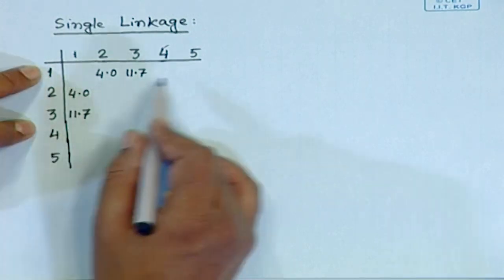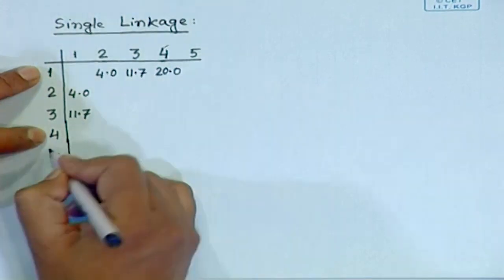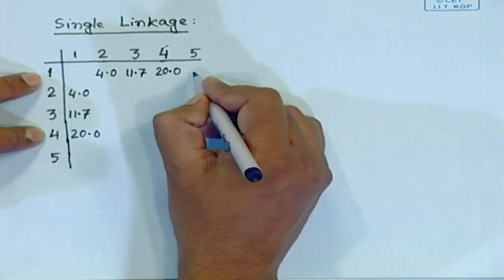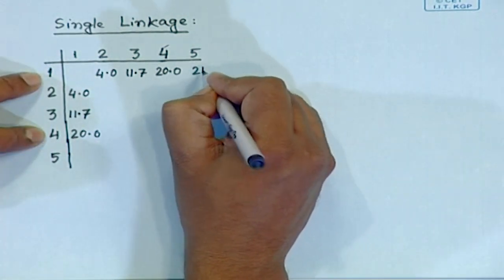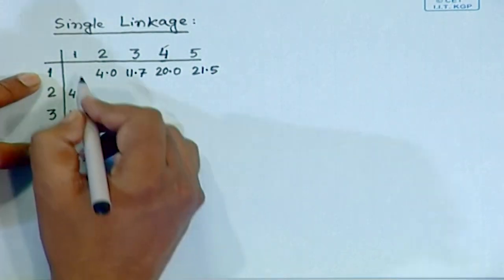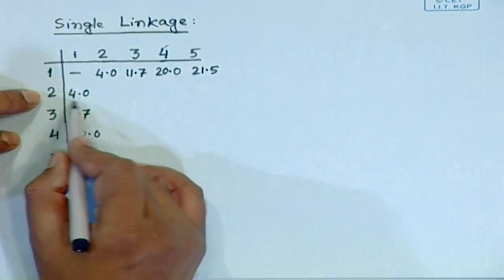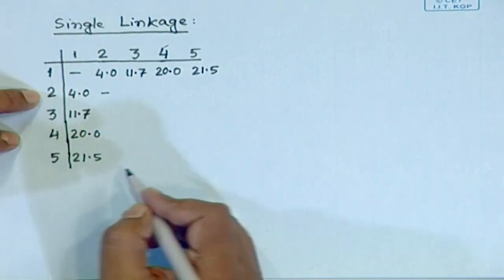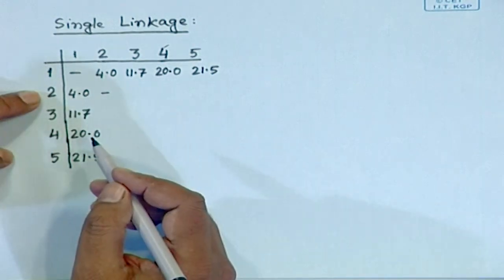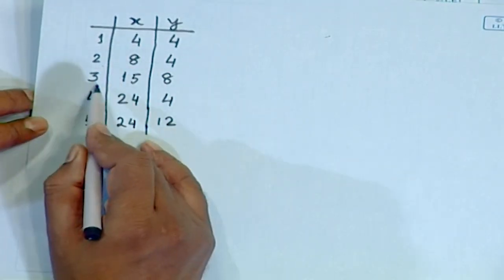Then the distance between 1 and 4 comes out to be 20.0, so 4 and 1 will also be 20.0. Similarly, the distance between 1 and 5 comes out to be 21.5, and 5 and 1 will also be 21.5. I do not really need the distance between 1 and 1 or between 2 and 2, because that is equal to 0. What is the distance between 2 and 3? Feature vector 2 is 8 4, and 3 is 15 8.